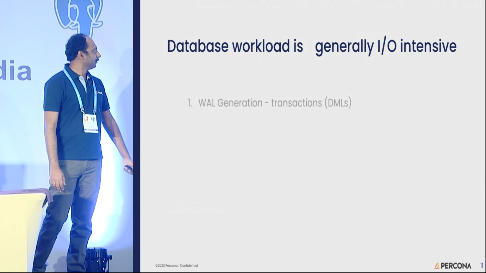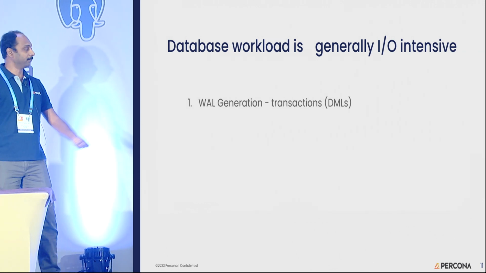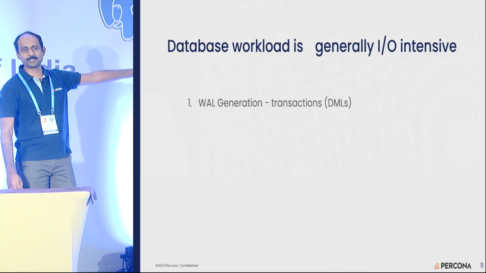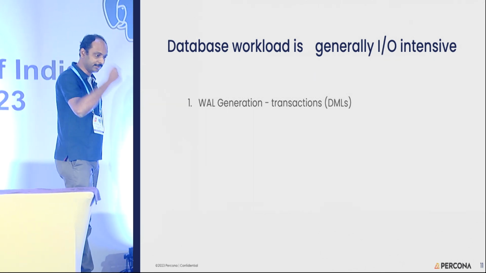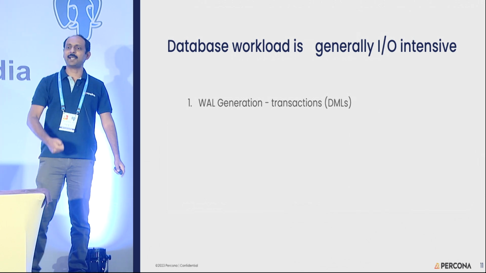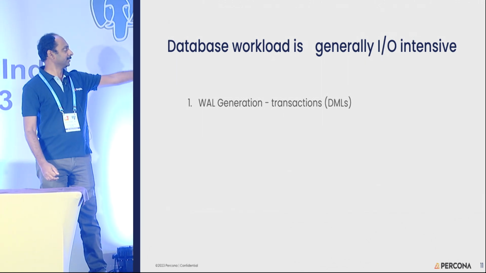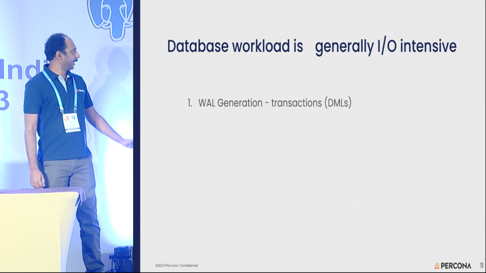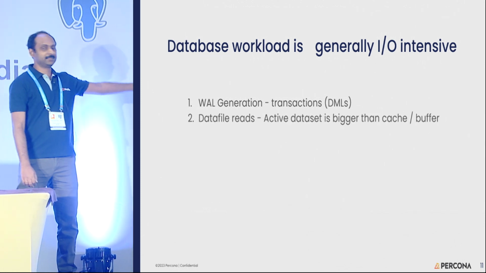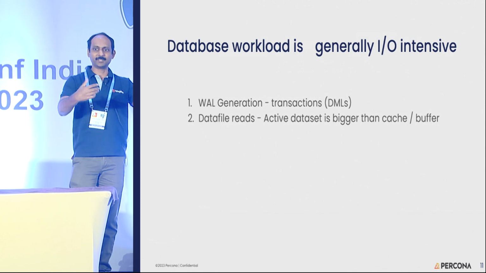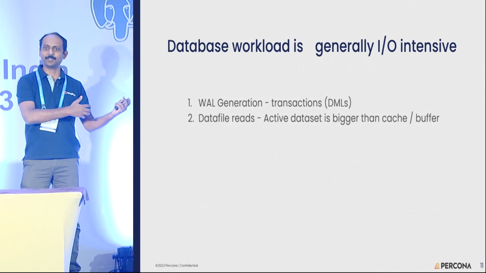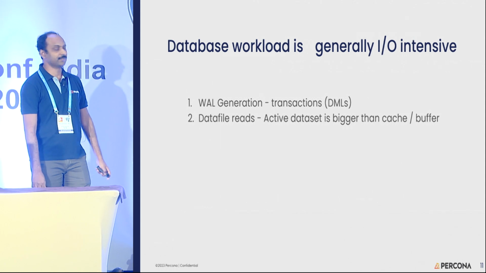And what are the types of I/O? The heaviest I/O is WAL generation because it is synchronous. It needs to sync the information to disk and get the acknowledgement back for committing a transaction. So synchronous write is heavy. And then the second biggest workload comes from data file reads because of the select queries. It won't fit into memory, so data file reads will happen.